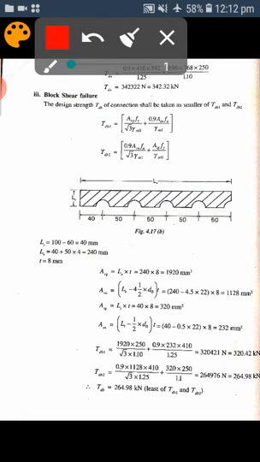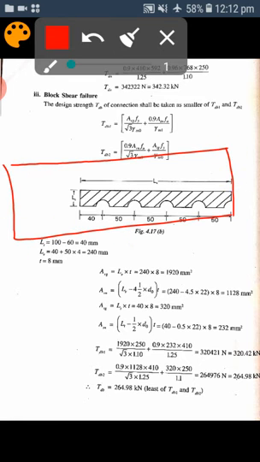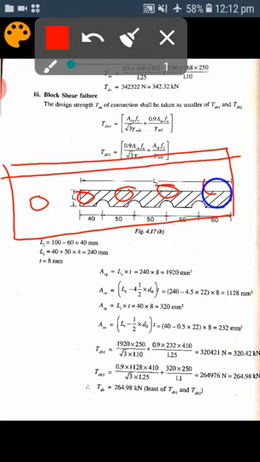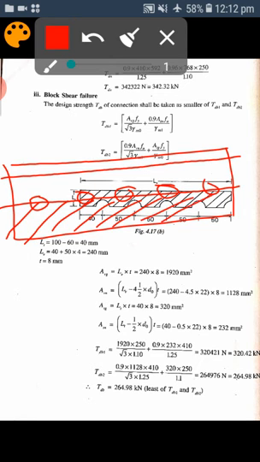Suppose this is the angle. These are the bolts provided here. This area is under tension.